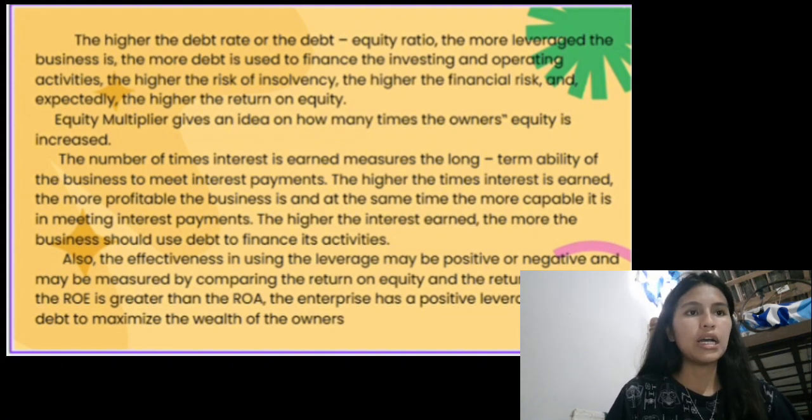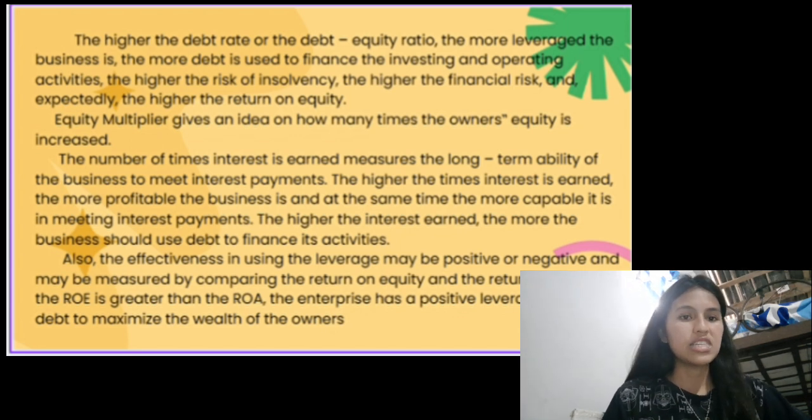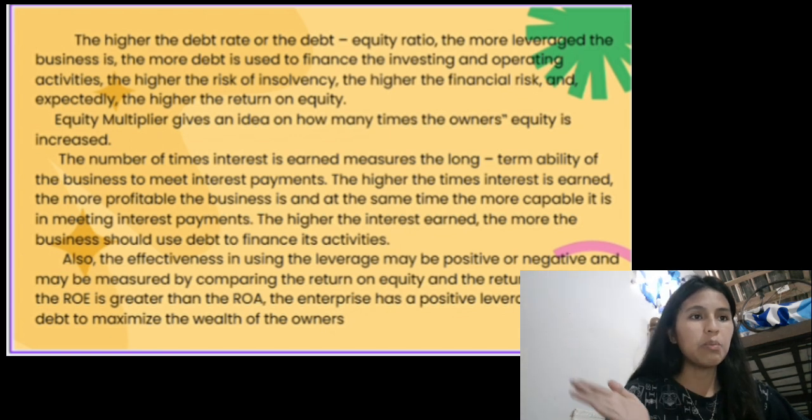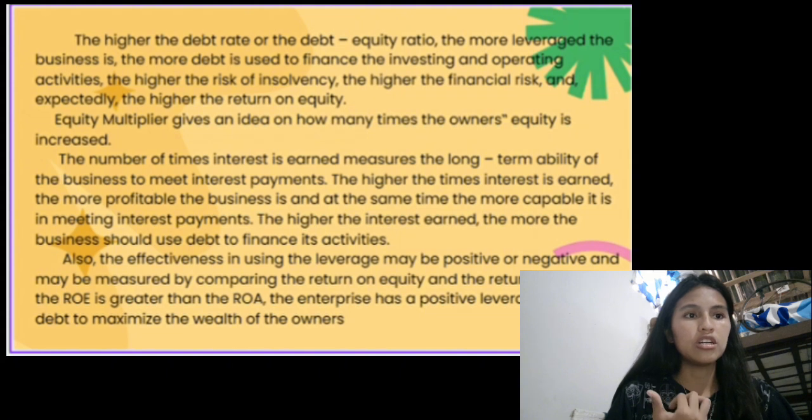So, yung paggamit nga ng financial leverage is pwede siyang mag-negative or positive. Kasi hindi naman natin masasabi kung palagi bang mataas siya or ganyan. Once na mataas daw yung ROE natin or return on equity kaysa sa return on asset, meron tayong positive leverage.